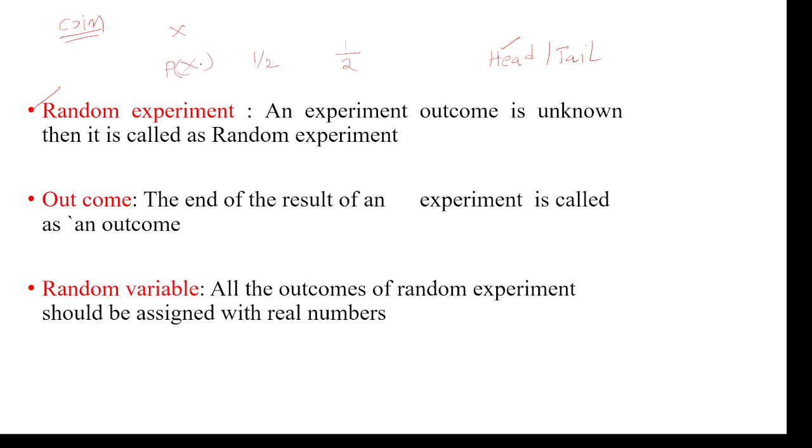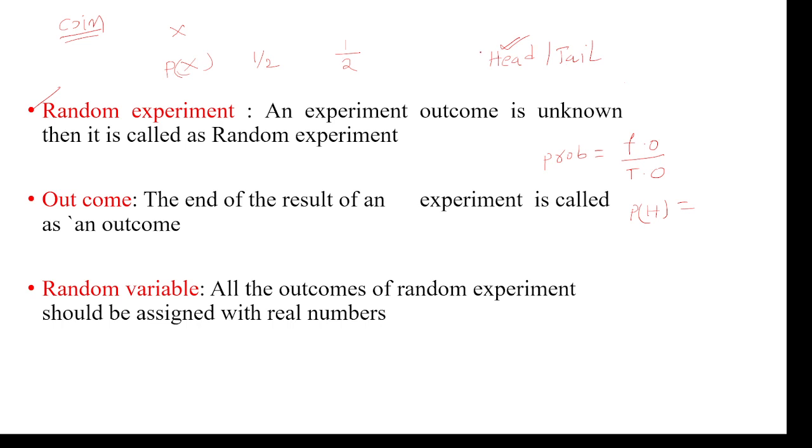So this is P of X. We know that probability is equal to favorable outcomes divided by total number of outcomes. How many favorable outcomes are there to get head?